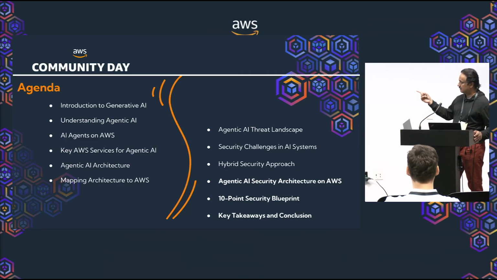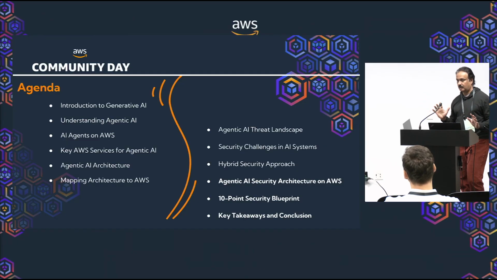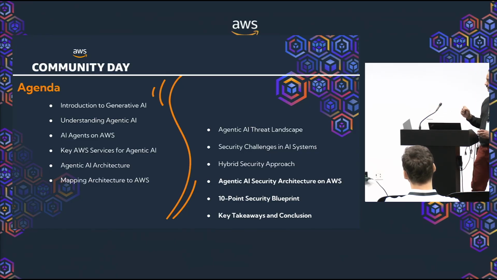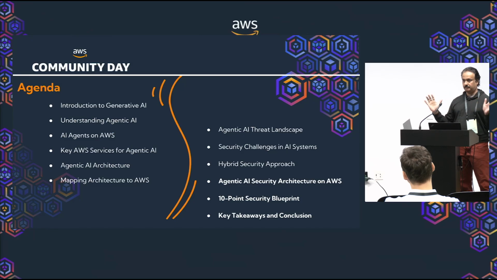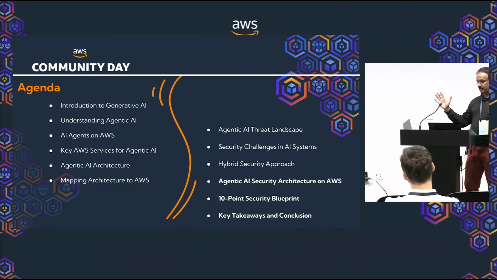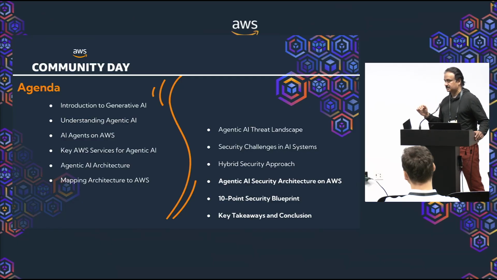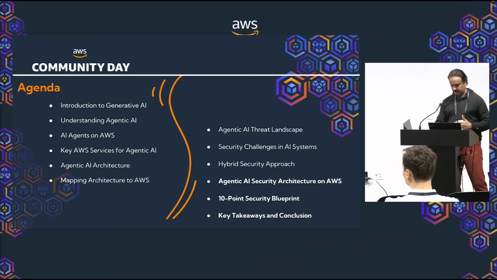And then I put together the agentic AI security architecture on AWS, overall what the solution looks like, what services we can include. And I put together a 10-point security blueprint or approach that we can use, mapping all the issues and security vulnerabilities to AWS services, and then key takeaways and conclusion at the end.